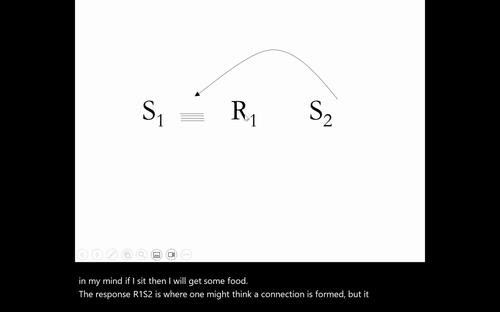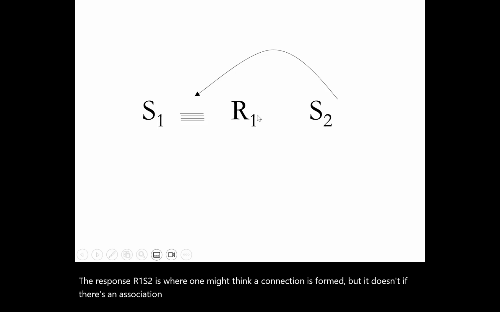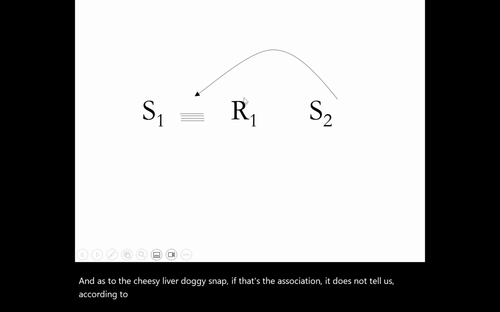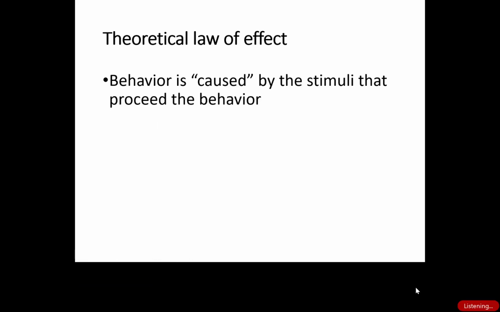If there's an association between R1, sitting, and S2, the cheesy liver doggy snap, if that's the association, it does not tell us, according to Thorndike, why the animal does the behavior in the first place, why the sound sit causes the behavior. So according to the theoretical law of effect, behavior is caused by the stimuli that precede the behavior.